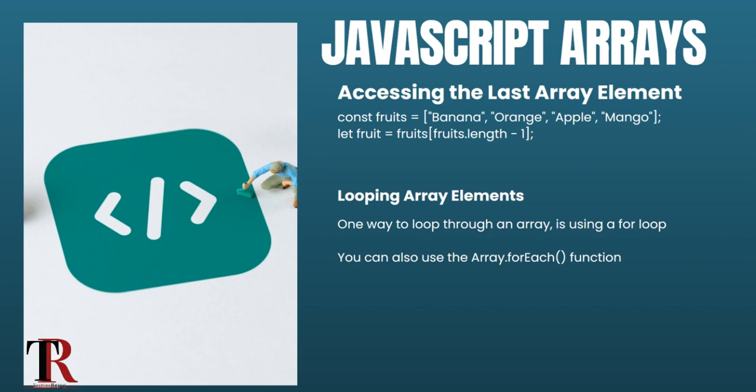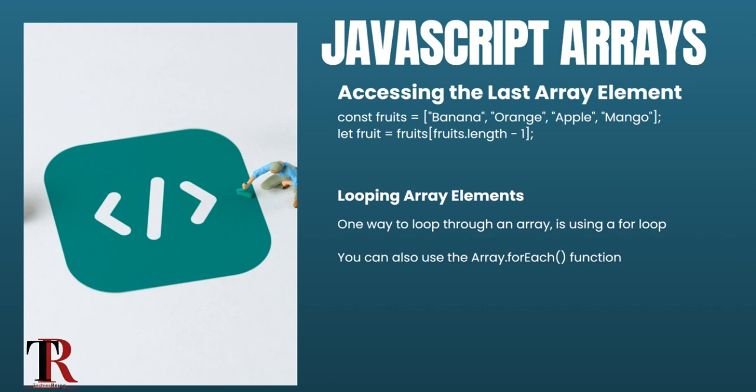We also talked about how you can get the length of an array using the array name dot length property, and another method, sort, that we have not yet demonstrated how to implement.